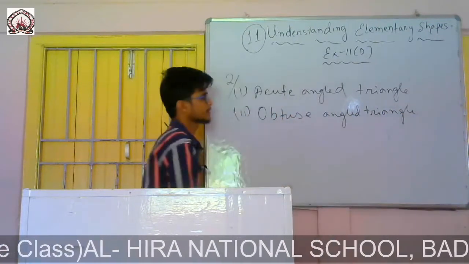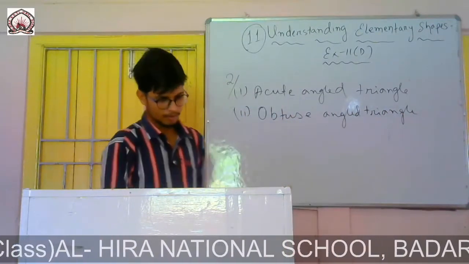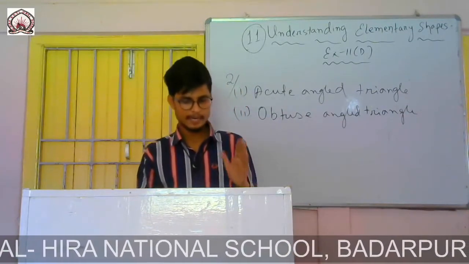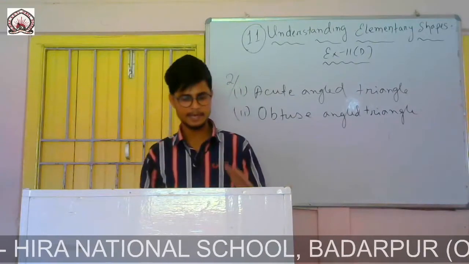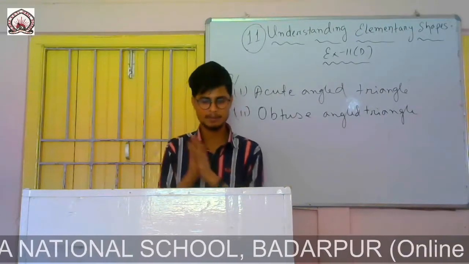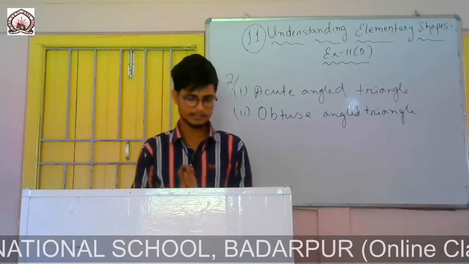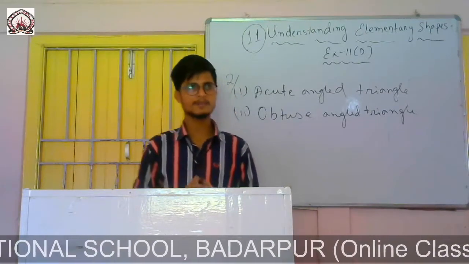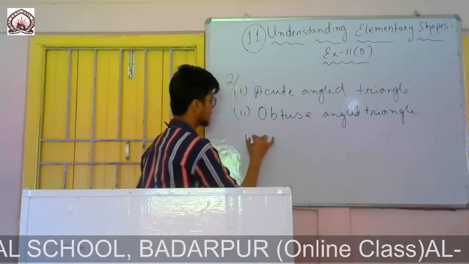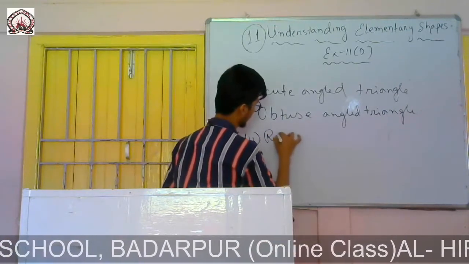Now Roman number 3: one angle is 90 degrees, another is 35 degrees, and the third is 55 degrees. One angle is a right angle, so it is a right angled triangle.